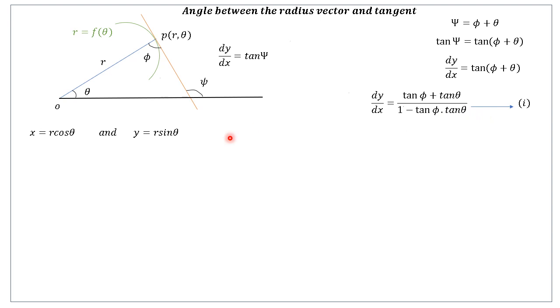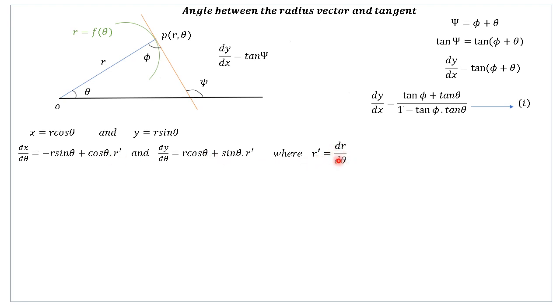Since x and y are functions of theta, we can write x and y in parametric form as x is equal to r cos theta and y is equal to r sin theta. Differentiating with respect to theta, by the product rule, dx by d theta is equal to r into minus sin theta, plus cos theta into r dash, where r dash is dr by d theta.